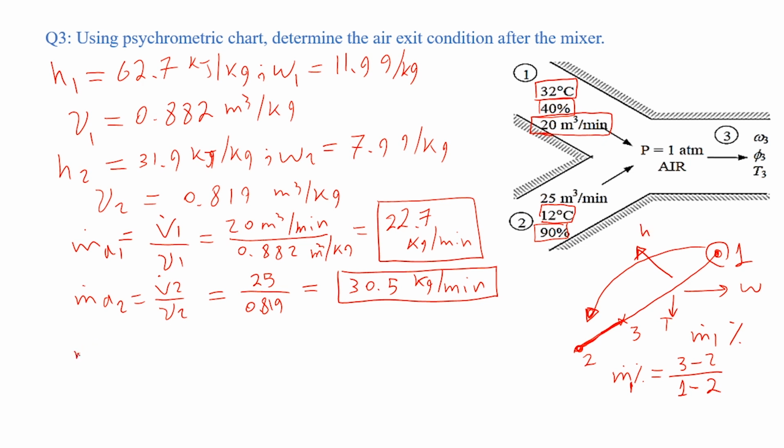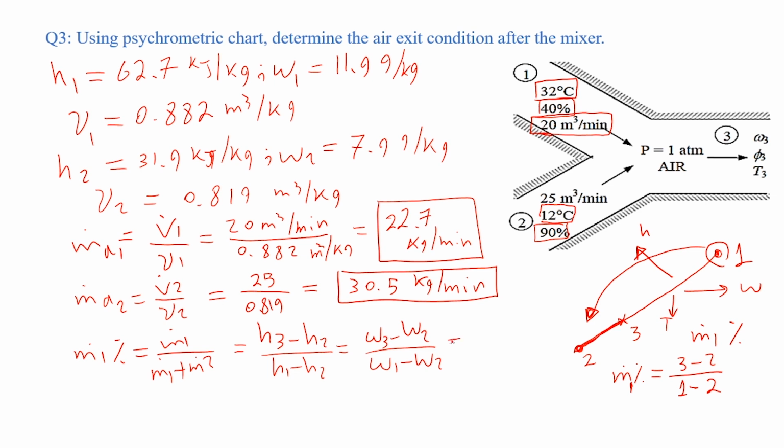So in this case, mass 1 percent, which is mass 1 divided by total mass, mass 1 plus mass 2, will be H3 minus H2 divided by H1 minus H2, or omega 3 minus omega 2 divided by omega 1 minus omega 2, or T3 minus T2 divided by T1 minus T2.